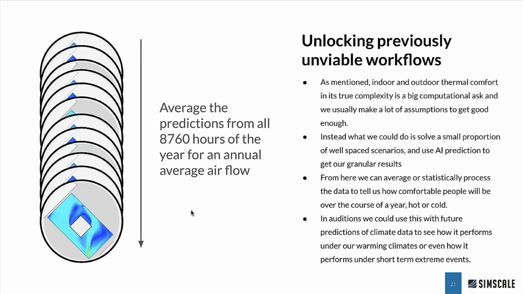And one of those things is going to be API. So once we can programmatically interact with AI models, we will be able to create 8,760 hours, or as many as your period needs to be, of data. We can merge it, we can average it, and we would then get an average output for that period.